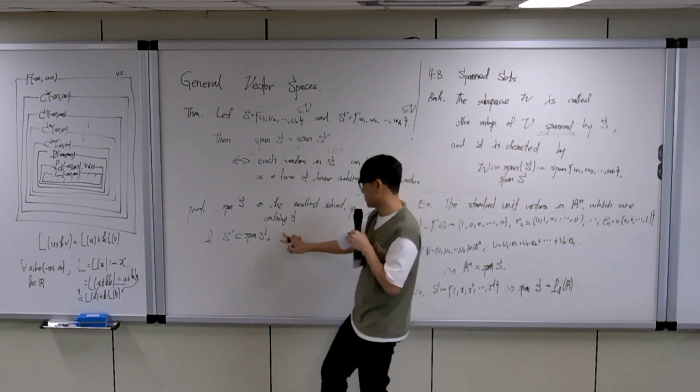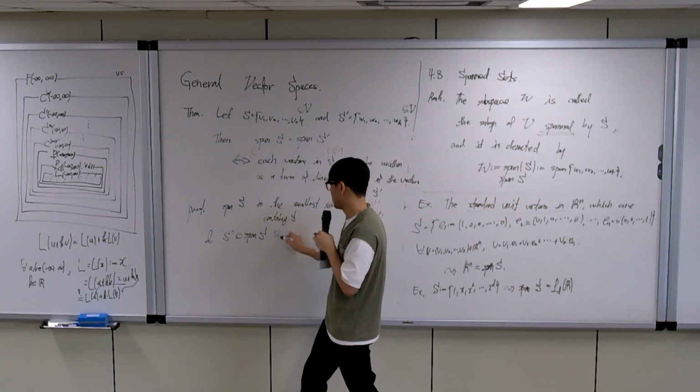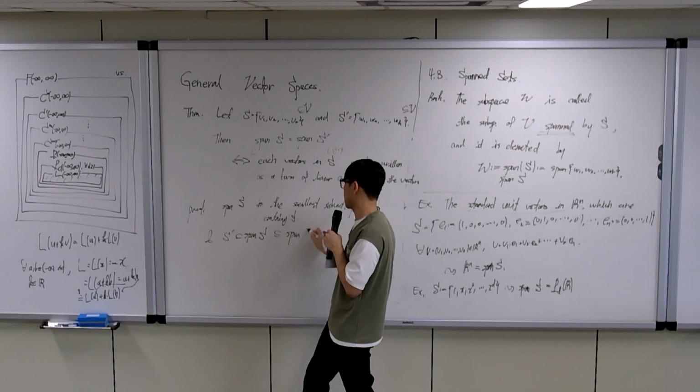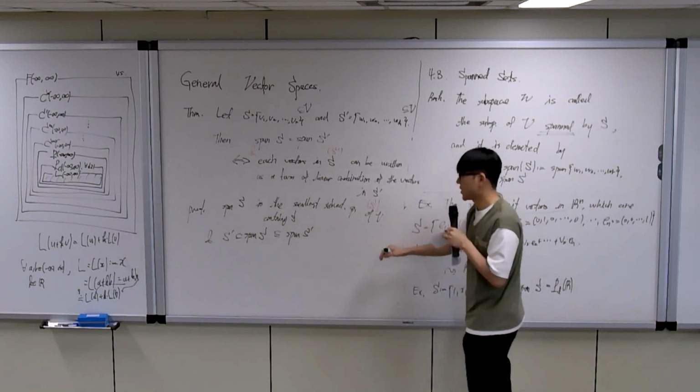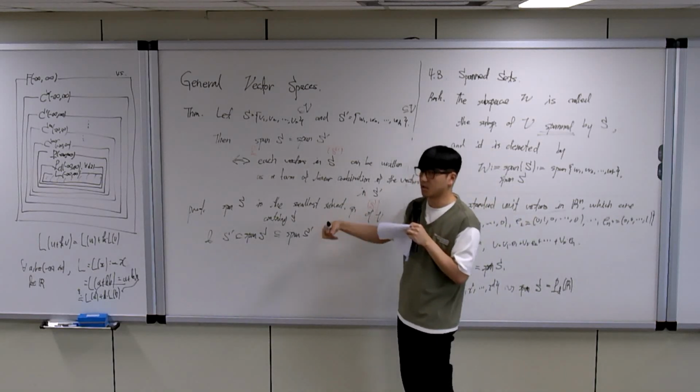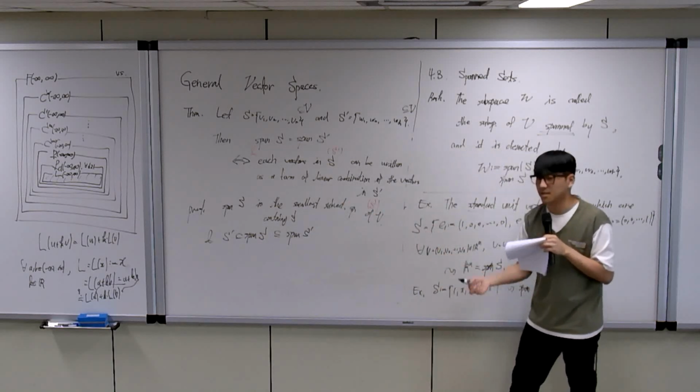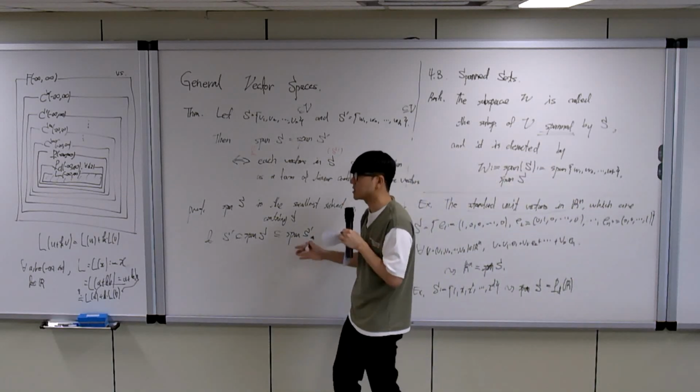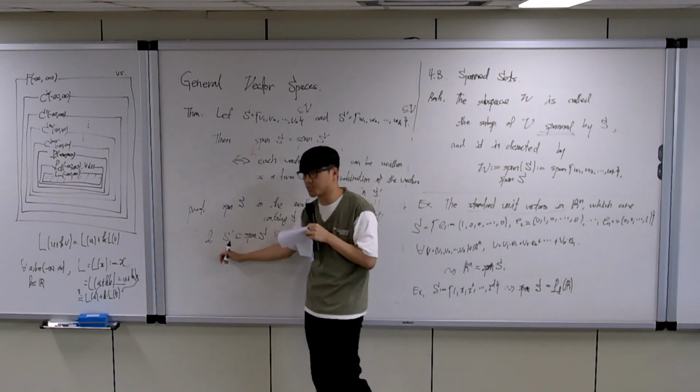Also we get the span of S prime, because span S prime is the smallest vector space containing S prime.